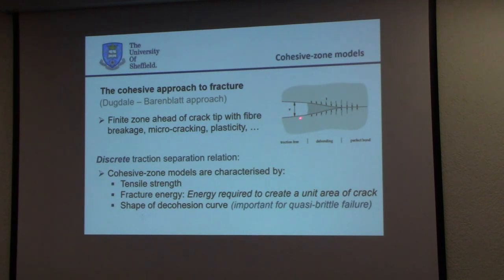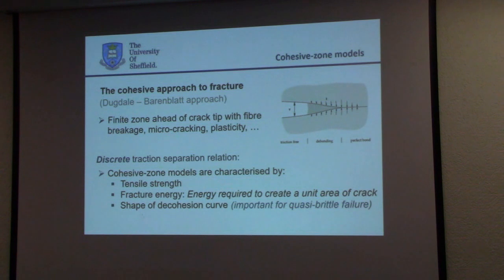That's different in the concept of a cohesive zone, also called the Dugdale-Barenblatt approach, after the founders of it. Here you have an open crack, here you have a closed crack, and there's here a finite zone, a fracture process zone of finite length, where you have dissipation.